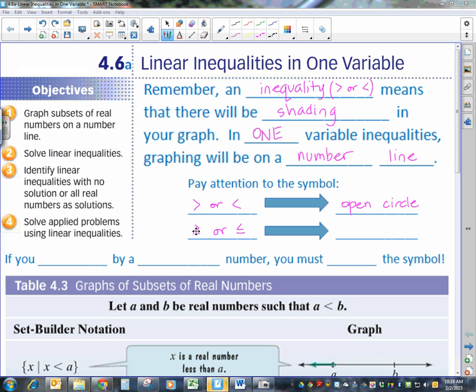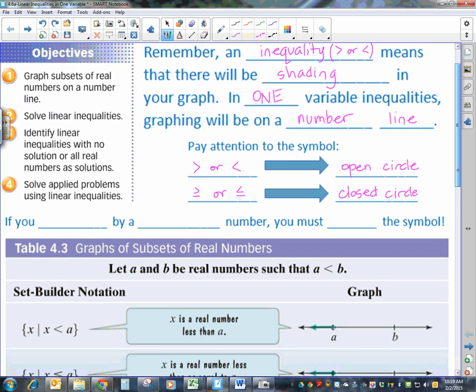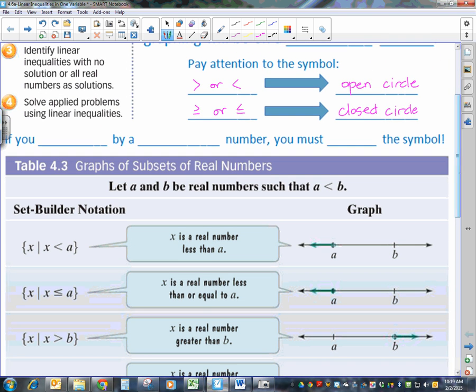And if it says greater than or equal to, less than or equal to, then your circle will be closed. So when I do this, I think of an extra symbol here. It means extra work, and I got to close in that circle when I'm actually doing my graphing. And we'll talk about that as we go through.